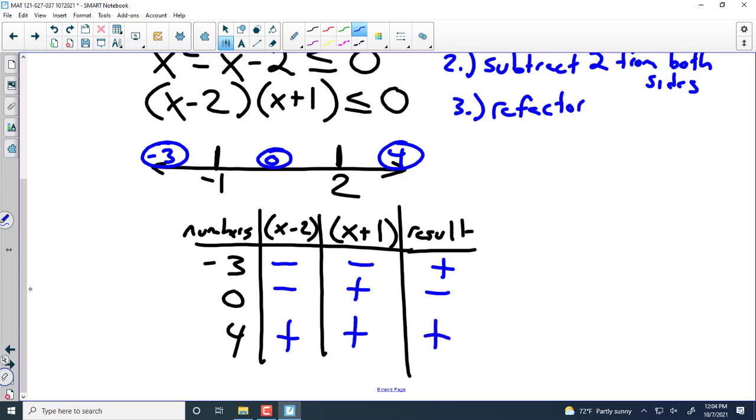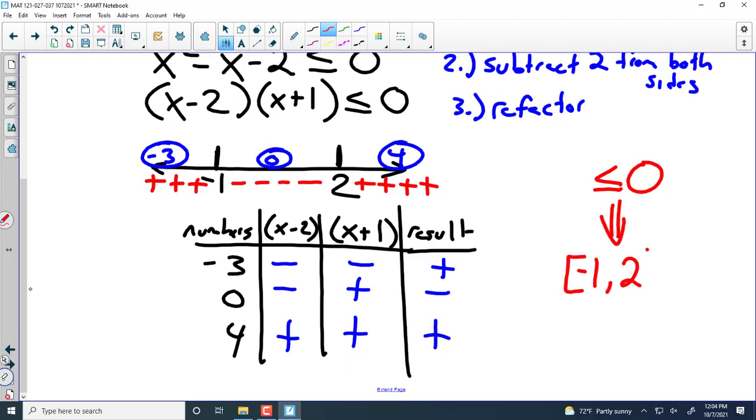Result positive. What that means to me, everyone, is this thing is positive, negative, positive. I want where it's less than or equal to 0, which means I want between -1 and 2 with the brackets because of the equal to sign.